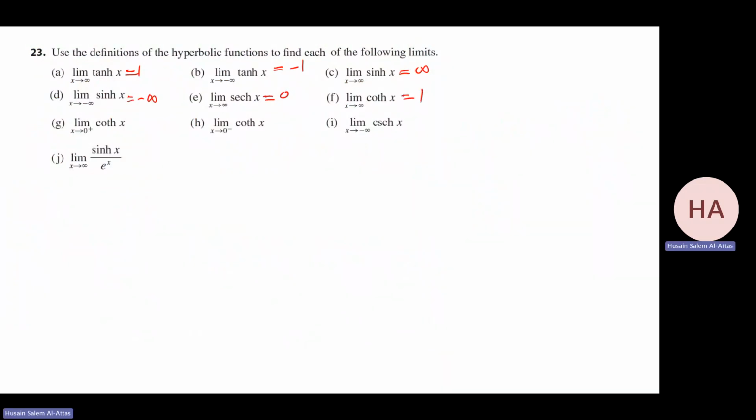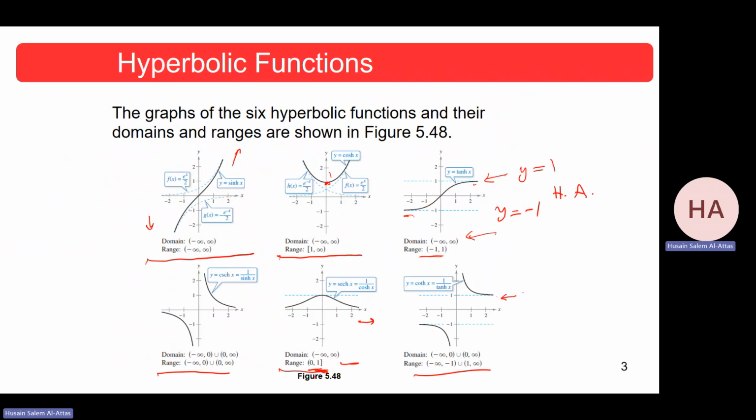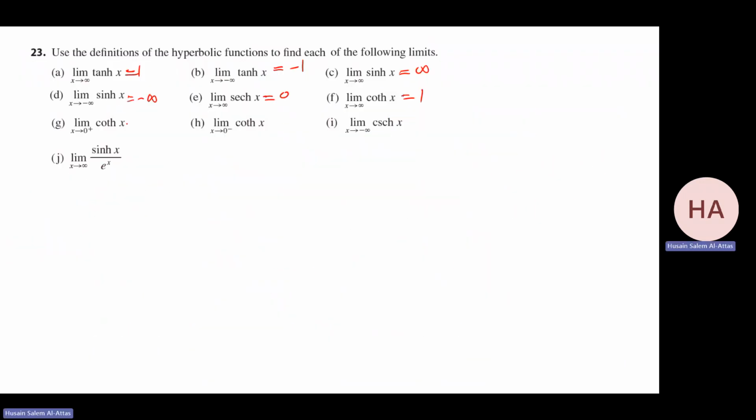Now x goes to 0 from the right, x goes to 0 from the left. Let me check. For cotan hyperbolic, x goes to 0 from the right, it's going to where? It's going to infinity. x goes to 0 from the left, it's going to where? To minus infinity. So it's infinity and minus infinity, from the graph.